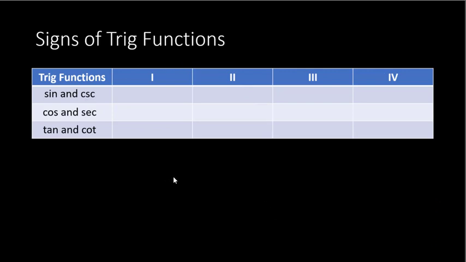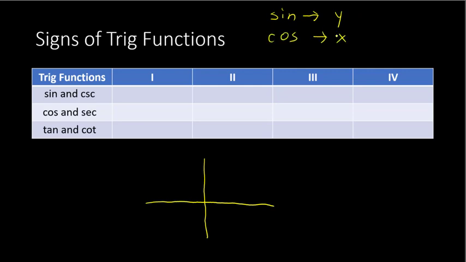All right, so if you look at your coordinate plane like this, and if you remember the fact that I said that sine is the equivalent of the y value, so think y when you think sine, and then when you think cosine, think the x value. So if you're looking up here in quadrant 1, up here in the top right corner, sine, or the y value, would be positive.